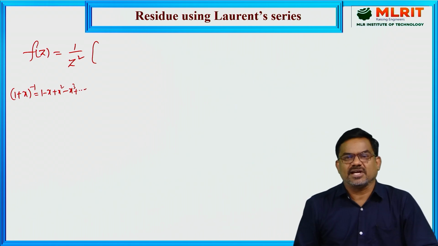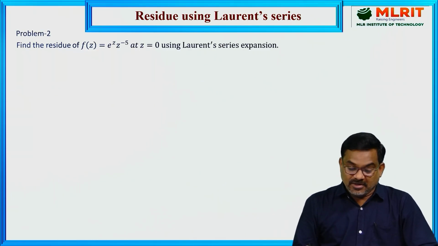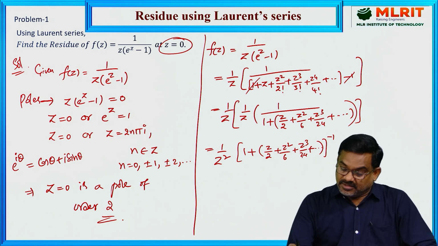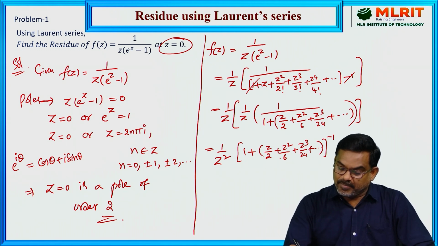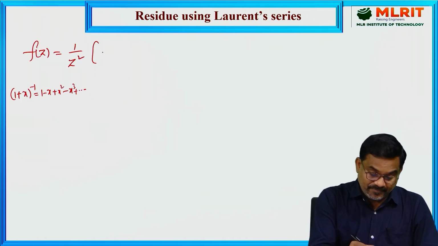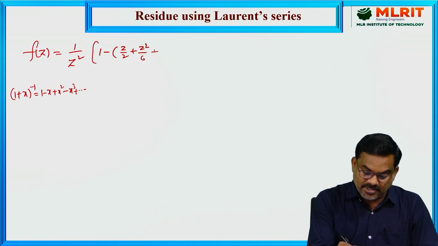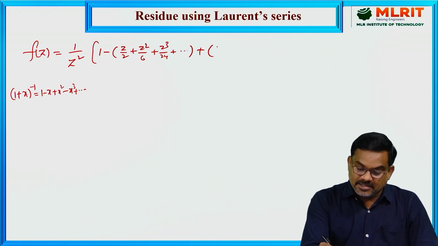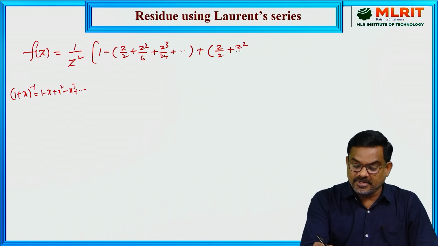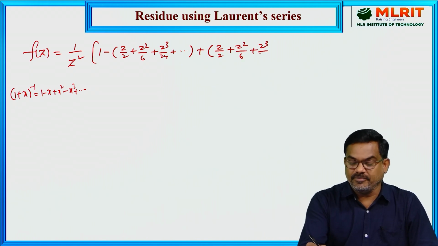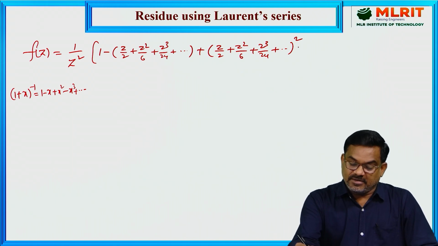Here in place of x we have z by 2 plus z square by 6 plus z cube by 24 plus so on. So 1 minus x plus x square, where x is z by 2 plus z square by 6 plus z cube by 24 plus so on, and so on.